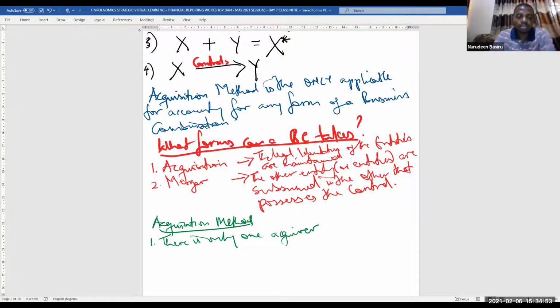For Access Bank and Diamond Bank, Access Bank is the acquirer, while Diamond Bank is the acquiree, because Access Bank acquired more than 50% shares in Diamond Bank, which makes Access Bank the acquirer.